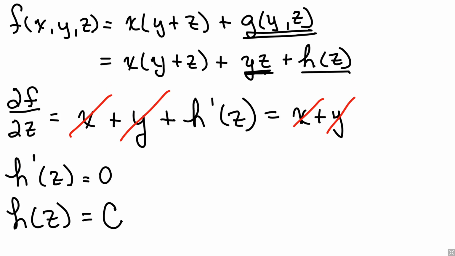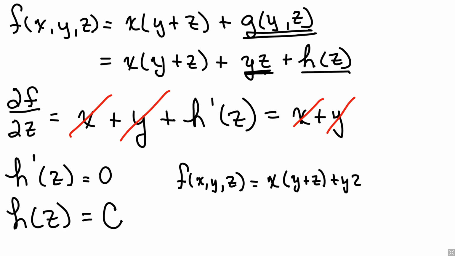Okay. So that means that our potential function is going to be defined as follows. It's going to be f of x, y, z is equal to x times y plus z plus yz plus, now in place of h of z, we're going to put c.